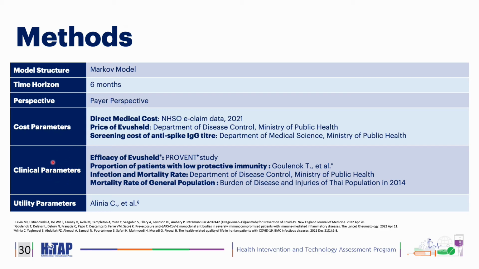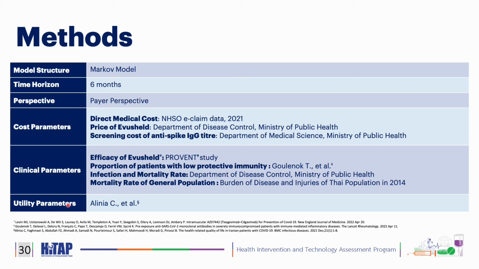Then for clinical parameters, to see the clinical outcome: first, the efficacy of the medication from the PREVENT study, and also the proportion of patients with low protective immunity from another literature review, the rate of infection and mortality from the Department of Disease Control, and also the mortality rate of the general population from the burden of disease and injury of the Thai population.